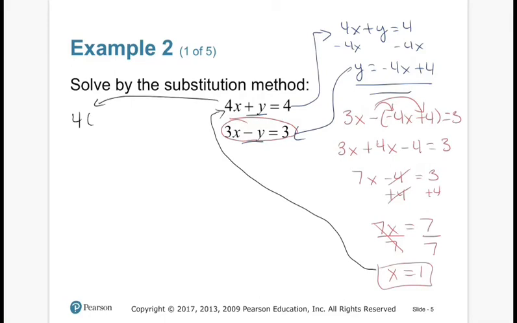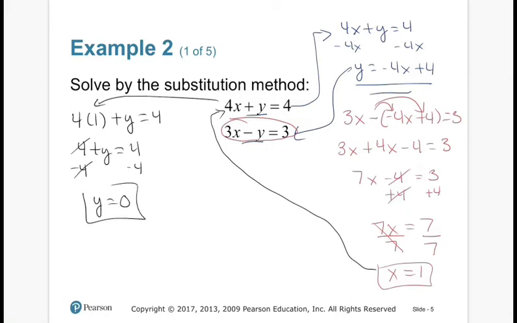But we know the value of x is 1. So 4 plus y is equal to 4. Subtract 4 from both sides. So I have that y is equal to 0. Therefore, my solution for this system is (1, 0).